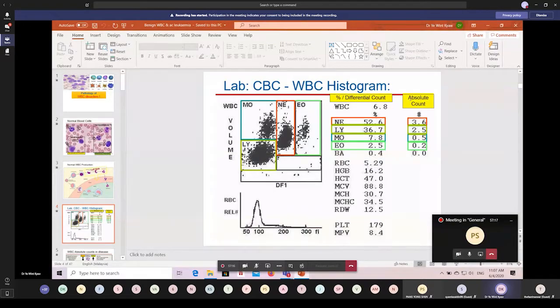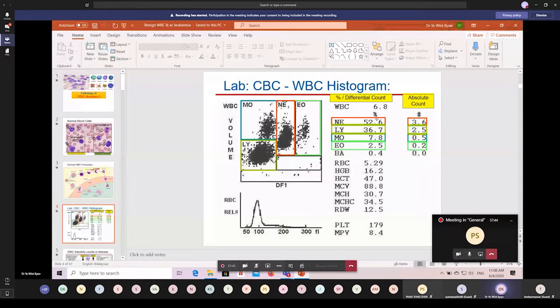Absolute count is usually measured by machine, the complete blood picture auto machine. The differential count you can count manually under the microscope, and the auto machine can also count the differential.